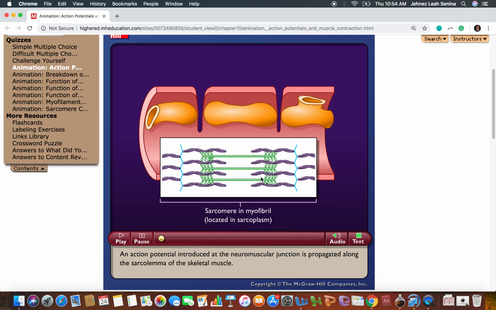Your muscles are innervated with nerves. Innervated means there are nerves connected to your muscles. Your nerves are coming from your brain. So if your brain wants to move your muscle, it sends a signal through the backbone, through the nerves and into your muscle to trigger your muscle to contract.